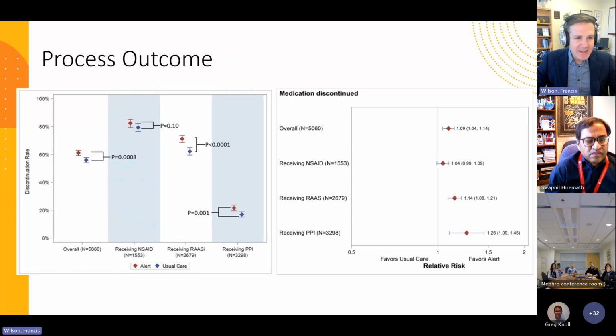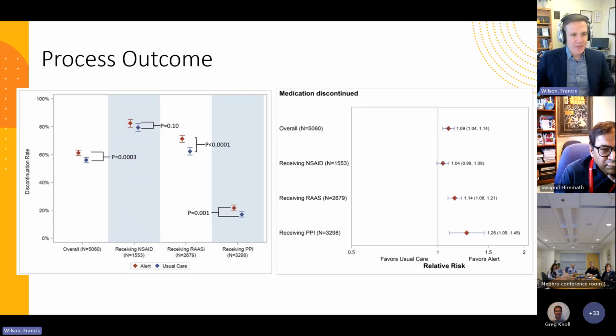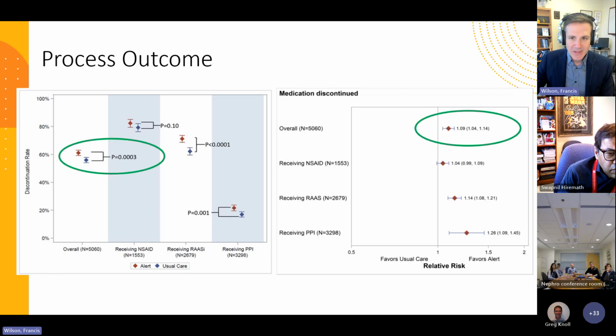So looking at the process outcome, the scale here goes from 0 to 100%, so it might not look that impressive, but we did have a statistically significant increase in the rate of discontinuation of these medications across all the categories. The composite is on the left here, and you can see this both on the absolute scale on the left and then on the relative risk scale on the right.